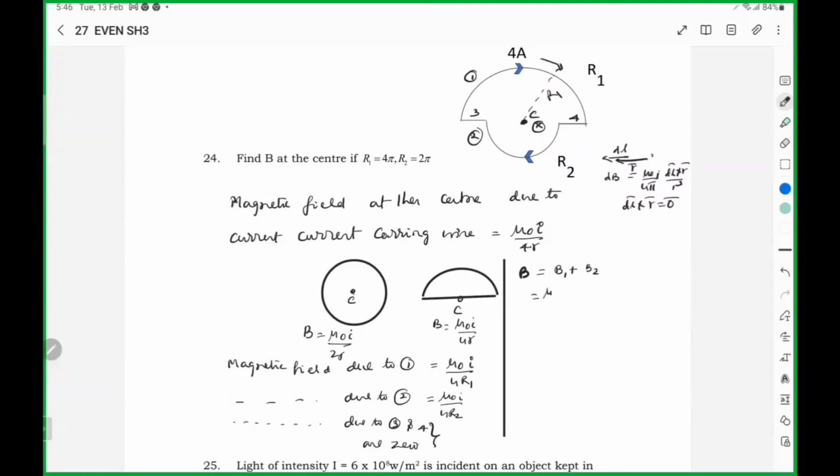That is mu naught I by 4R1 plus mu naught I by 4R2. Here I is 4 amperes, R1 is 4 pi, R2 is 2 pi.